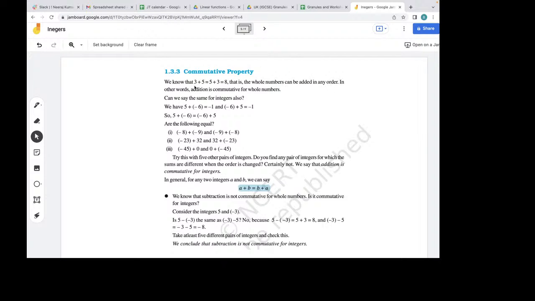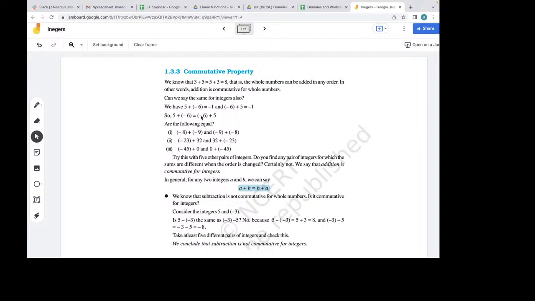You can either say 3 plus 5, or you can say 5 plus 3. That doesn't make any difference. If you can add any two numbers in any order, that means it follows the commutative property. In general, we can say a plus b is equal to b plus a. That shows the commutative property.